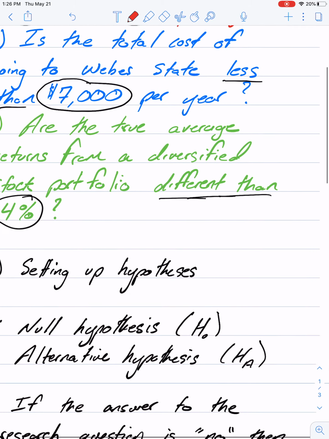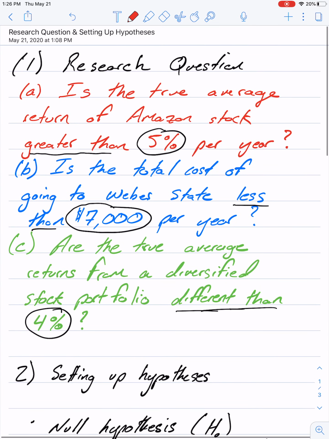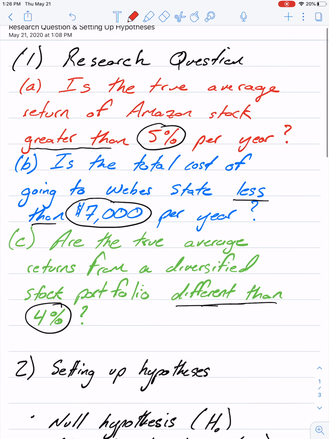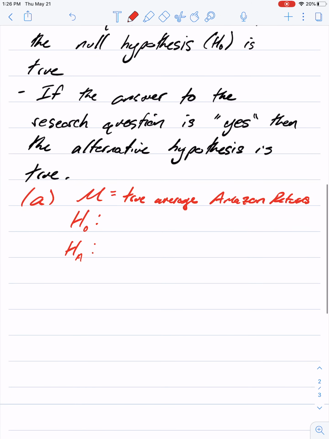Because that is the quantity we're asking about in the question. Is the true return of Amazon stock greater than 5%? So I want to define my mu right there just to make my life easier, so that later on in my hypothesis testing steps, when I see mu, I'm reminded right at the beginning of what mu actually is. And in this case, for question A, it will be true average Amazon returns.